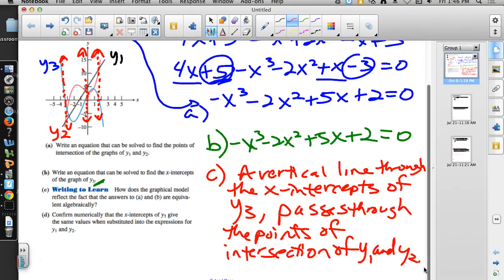That's what we notice graphically. If you draw those vertical lines, that just happens.